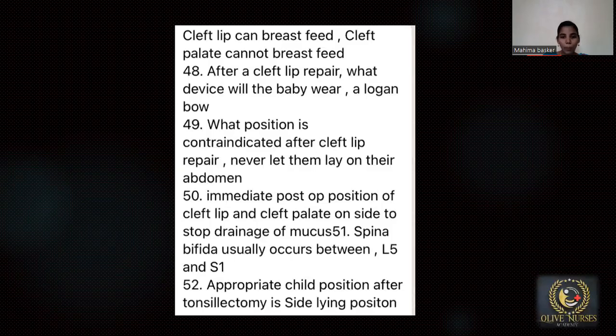You have to put the patient in the side-lying position because there is more chance of aspiration. Some bleeding will be internal and will go into the lung. So to prevent that, we put the patient in the side-lying position. Okay, so we'll move on.